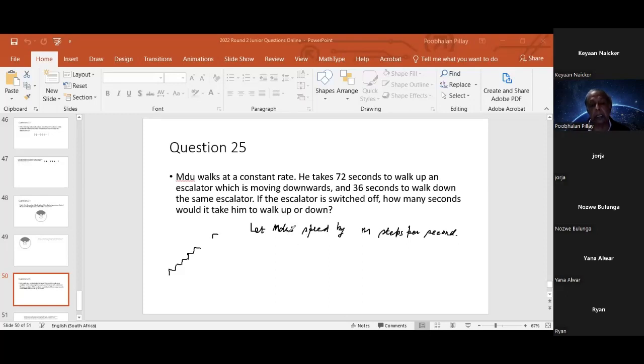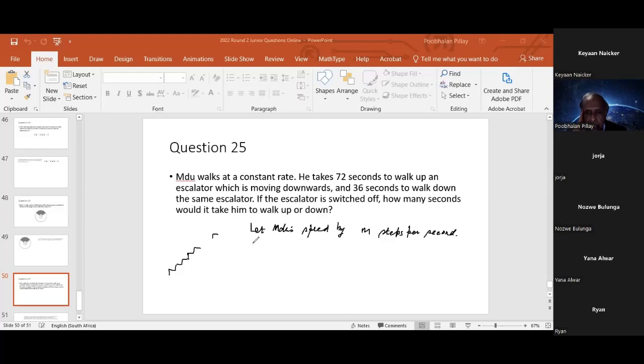But the escalator is actually moving. The escalator itself has got its own speed, right? The escalator also covers a certain number of steps per second. Those are the steps which disappear at the bottom, right?